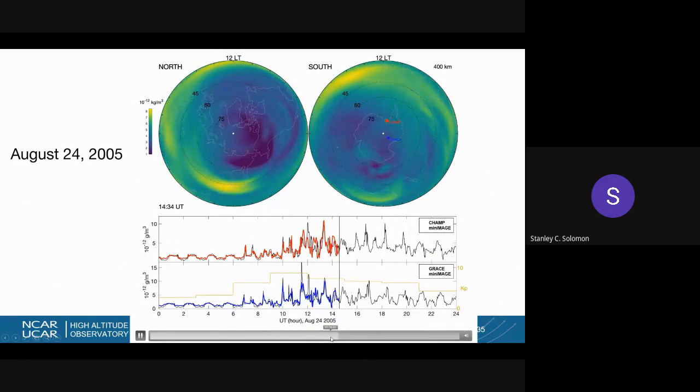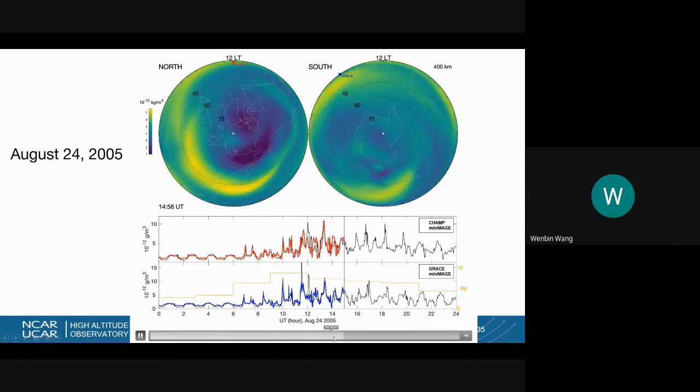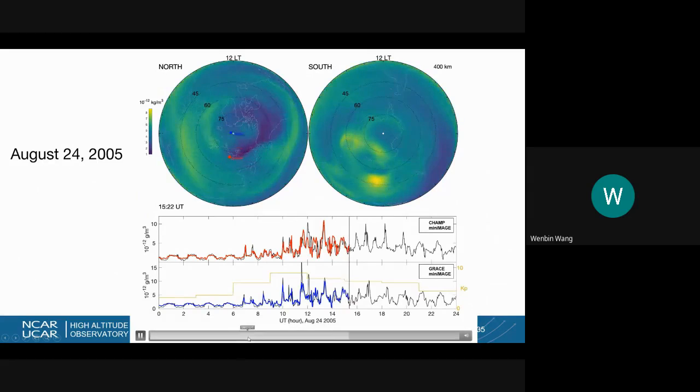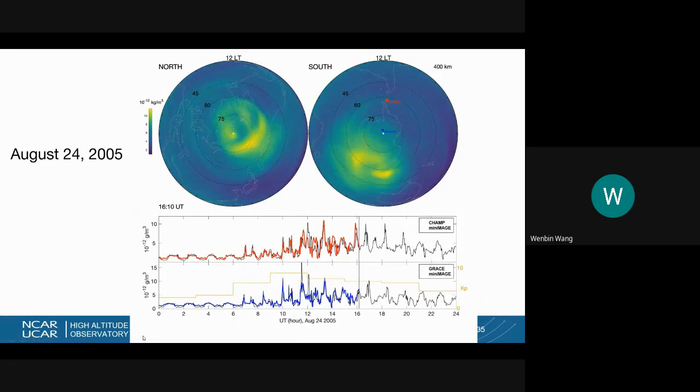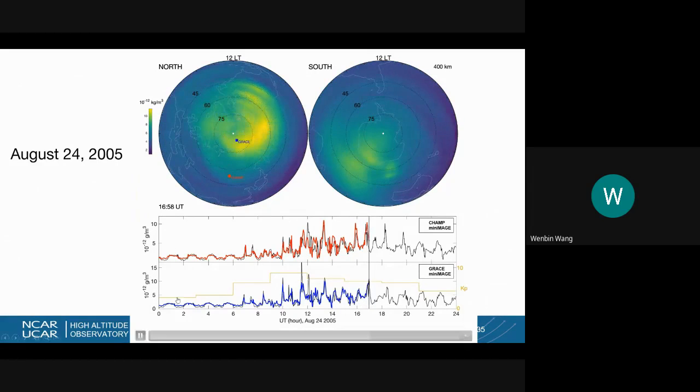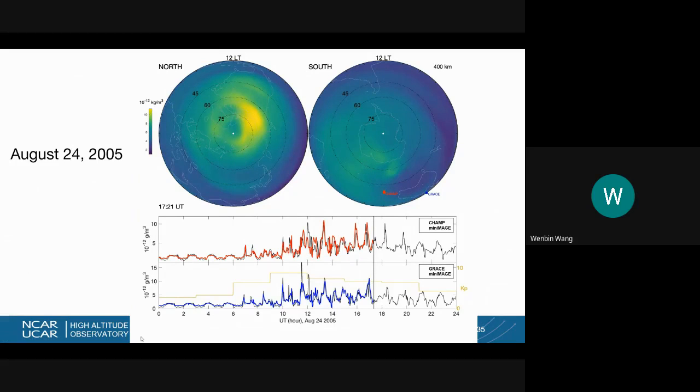Yeah, it looks like the model captured the low and mid latitude TADs pretty well, but not in the cusp region. That's very interesting. I see. Yeah, this one is pretty good. That's the CHAMP one, and the lower latitudes near the equator look pretty well captured.